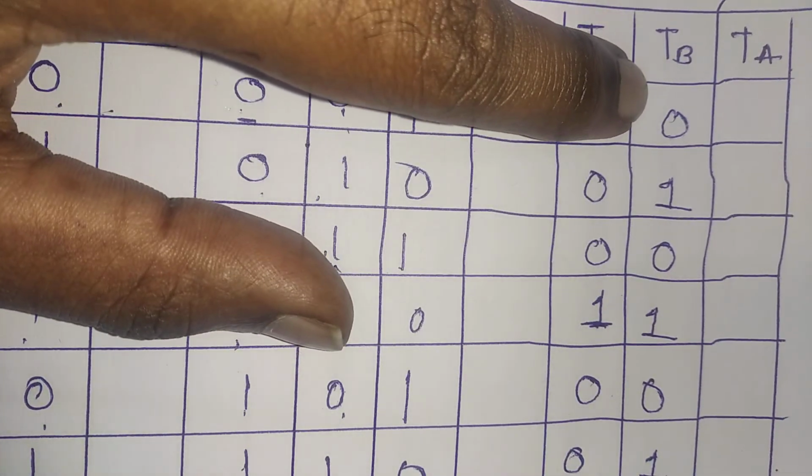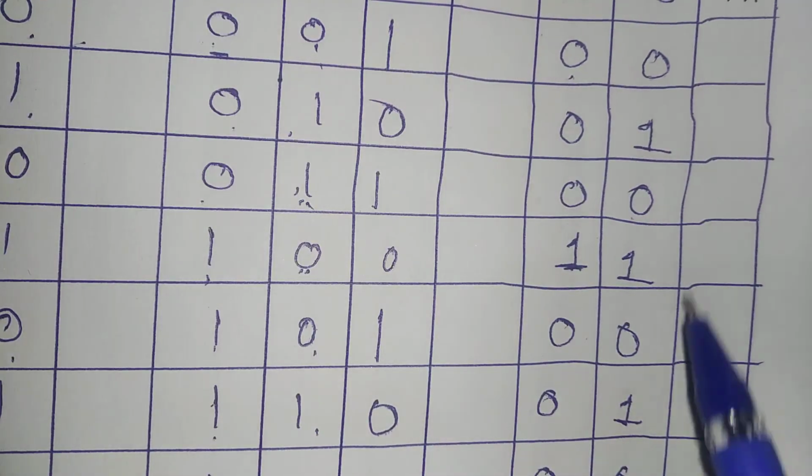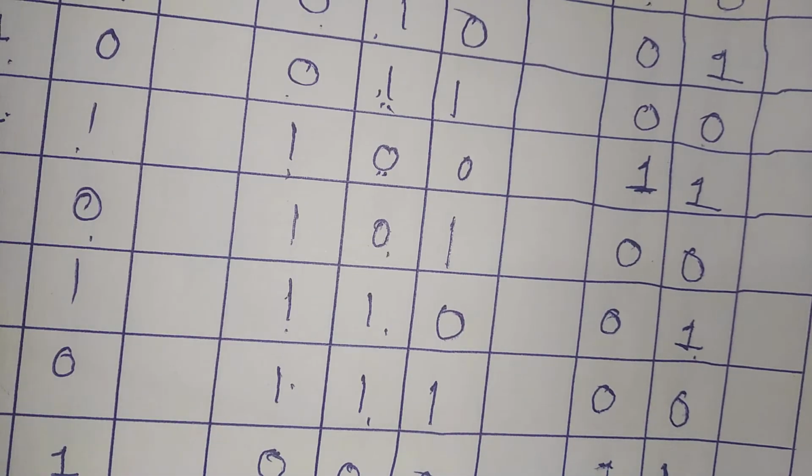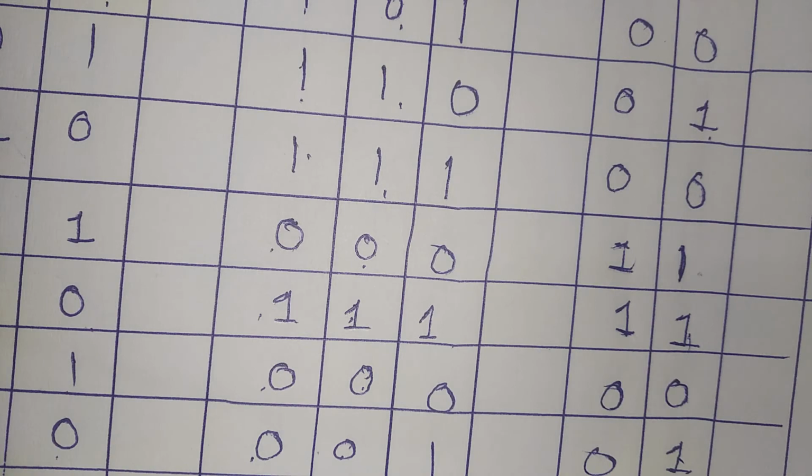So, you can see in the TB column we have 0 1 0 1 0 1 0 1 and 1 0 1 0 1 0 and 1 0.